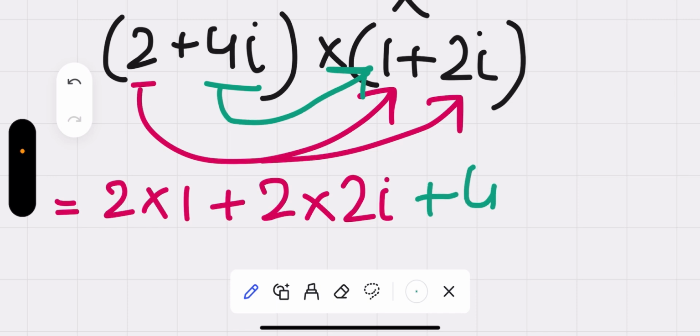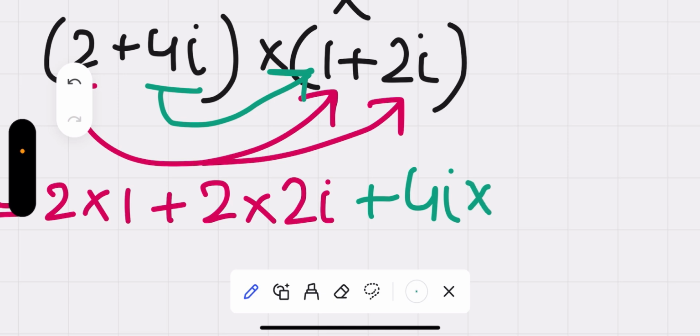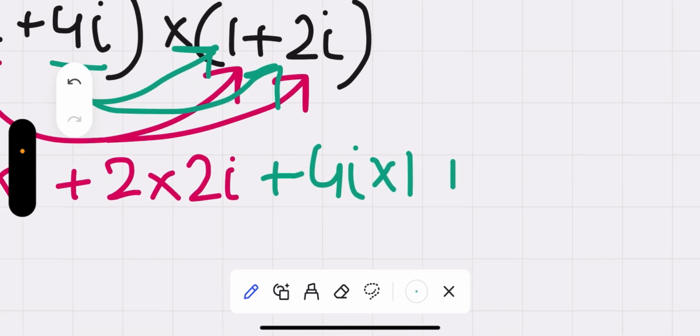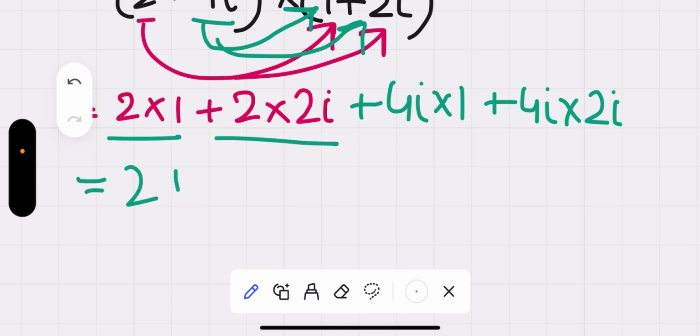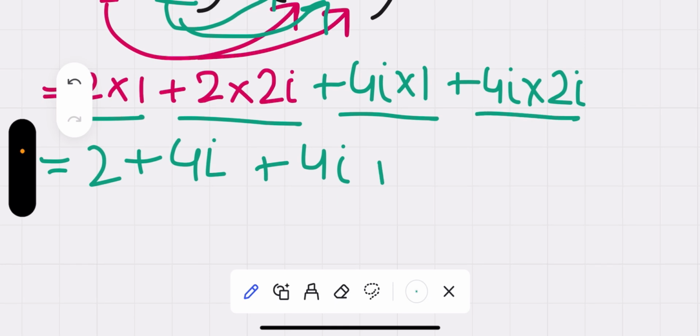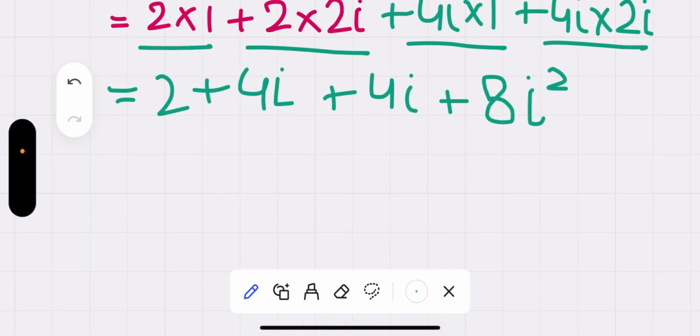So plus 4 iota multiply 1, and next plus 4 iota multiply plus 2 iota. Okay, 2 times 1 is 2, and plus 2 times 2 iota is 4 iota, plus 4 iota times 1 is 4 iota, and plus 4 times 2 is 8. Iota times iota gives iota square, because there are two iotas.